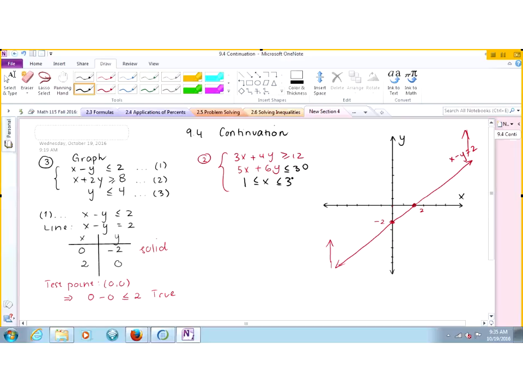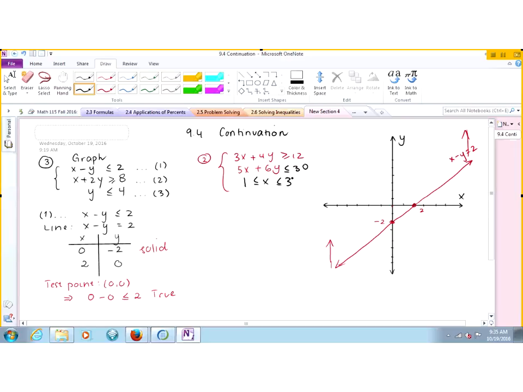So it's between 1 and 3. Okay, somebody asked a question. Were you asking a question? Can we discuss it? It just says x is in between 1 and 3.